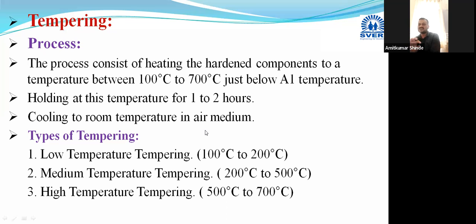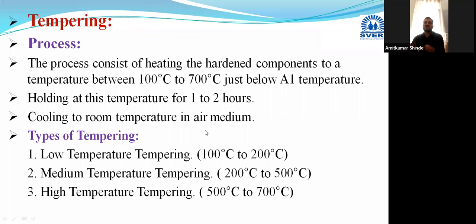So in medium temperature tempering, retained austenite is eliminated, internal stresses are completely eliminated, and martensite or austenite gives the mixture of ferrite and cementite, and that ferrite provides increased toughness or ductility in the material. This is medium temperature tempering.